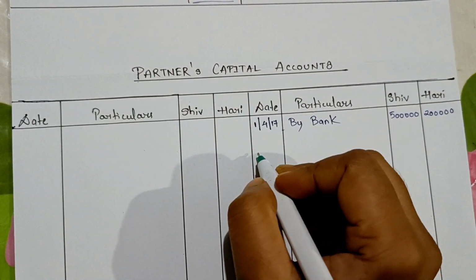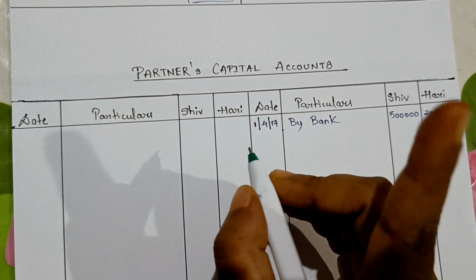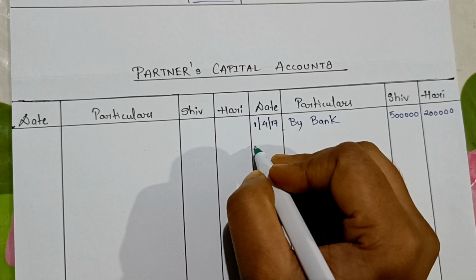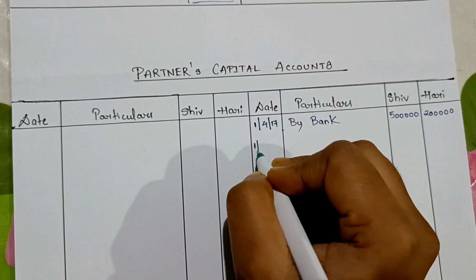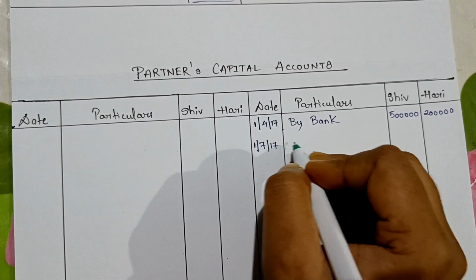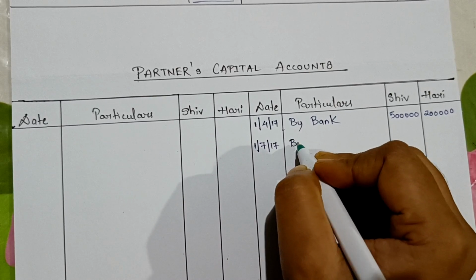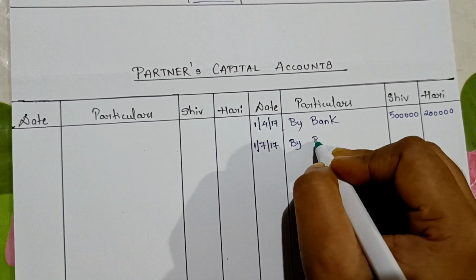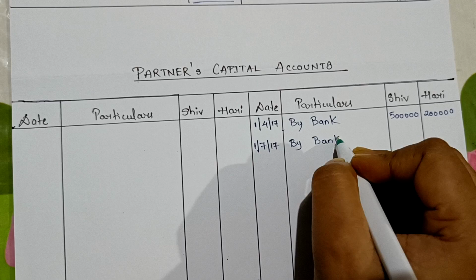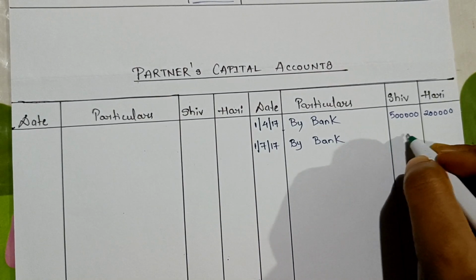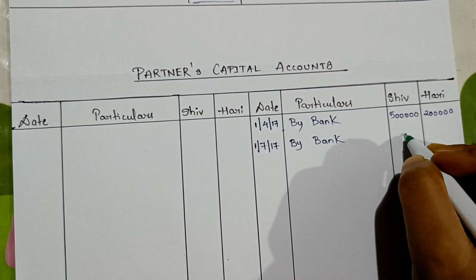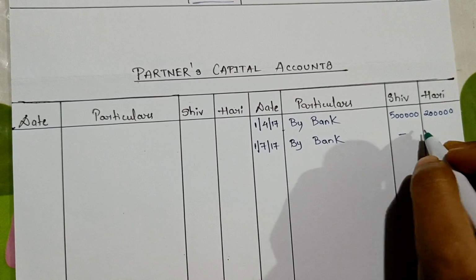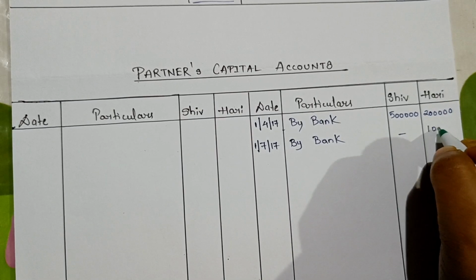Then Hari has brought additional capital on 1st July 2017. This will also be noted by bank. Shiv has not brought additional capital, so here we will not enter any amount. Here 1 lakh.